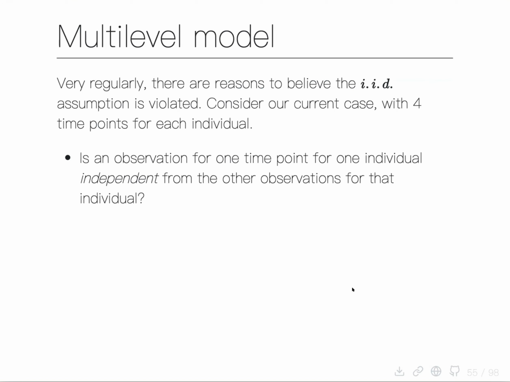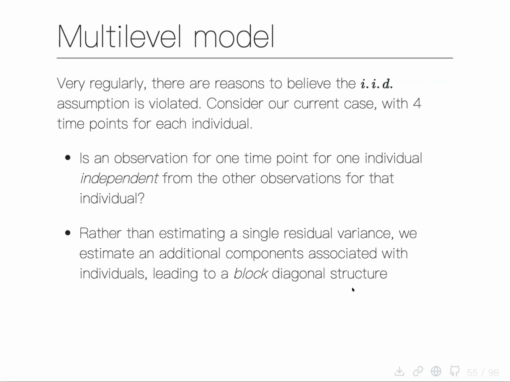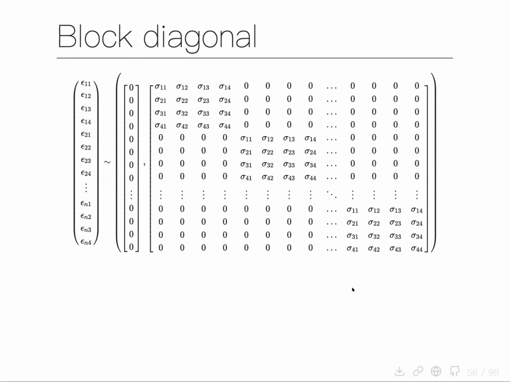They're going to be correlated within an individual. So rather than estimating one single residual variance, which is what we do with OLS, we're going to estimate blocks of residuals, a block for one student and then a different block for another student. This gives us this block diagonal structure.